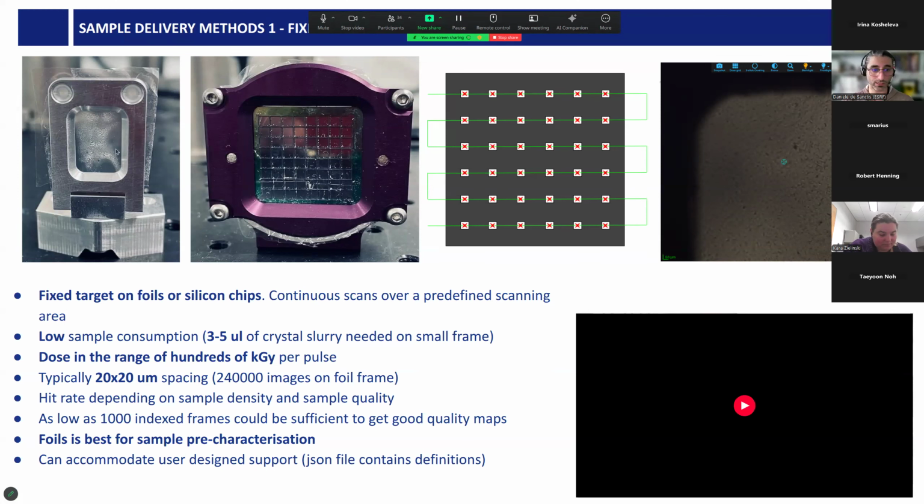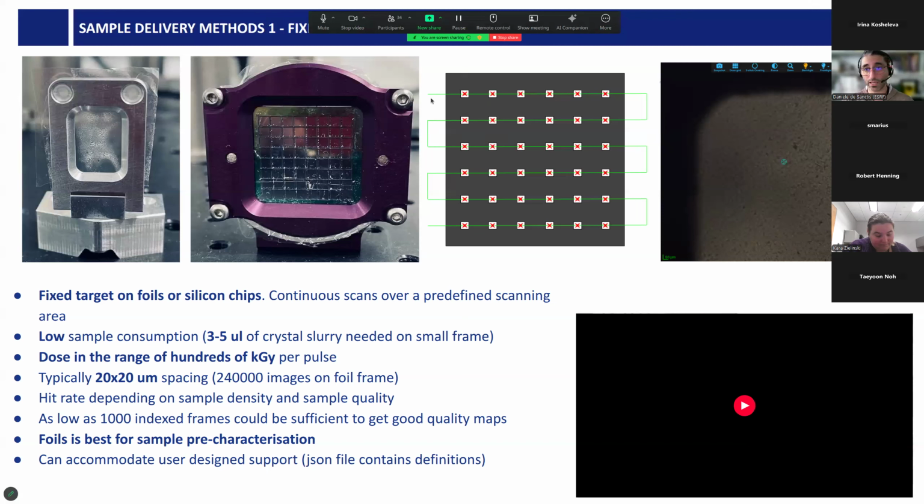This foil system is what we normally use for sample pre-characterization and for native data collection, because out of this support, which is about 1 centimeter by 1.5 centimeter, you just need to load between 3 and 5 microliter of crystal slurry.